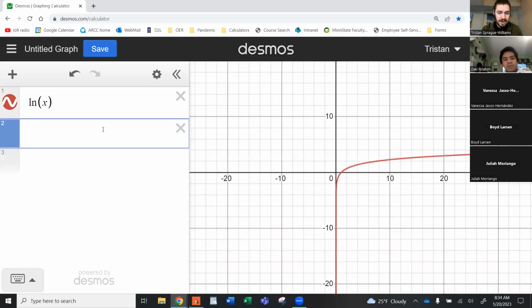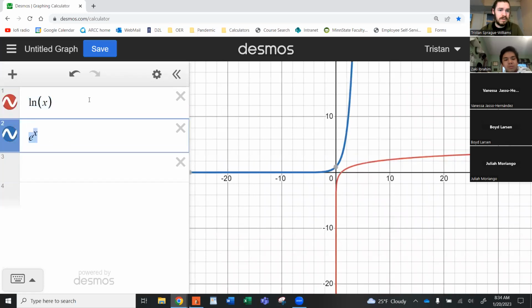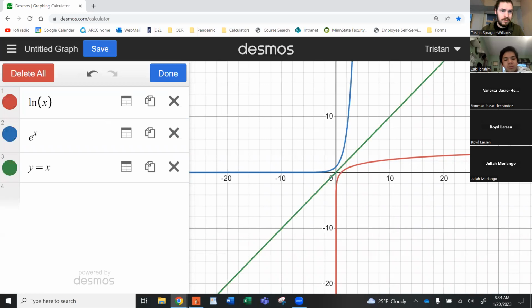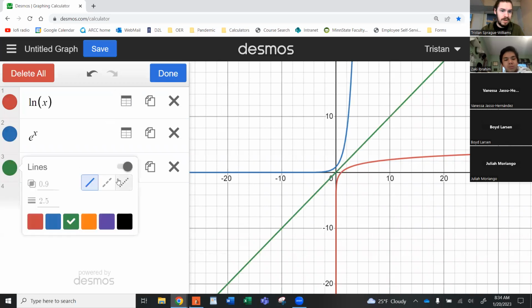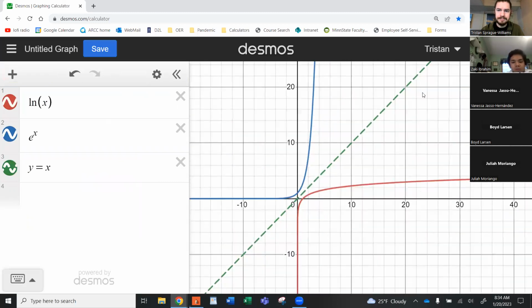And how do we know that? One way we know that is that these two functions, natural log of x and e to the x, are inverses of one another. And so from pre-calculus, these are reflections of one another over this diagonal line, right?